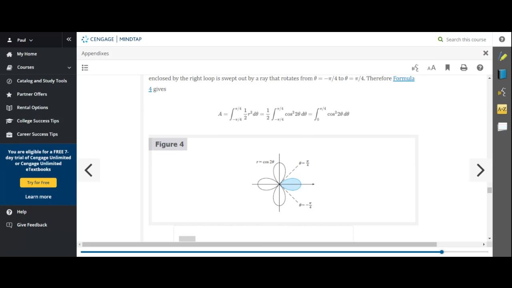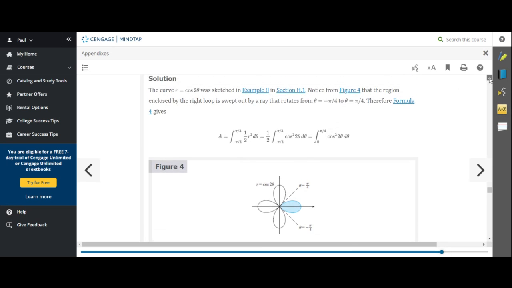For that closed loop, you have a beginning angle and an ending angle. The loop is swept out by a ray that rotates from theta equals -pi/4 to theta equals pi/4.